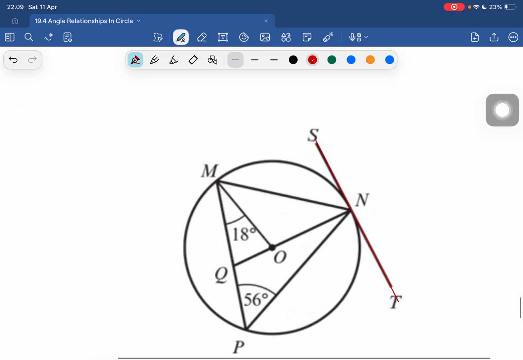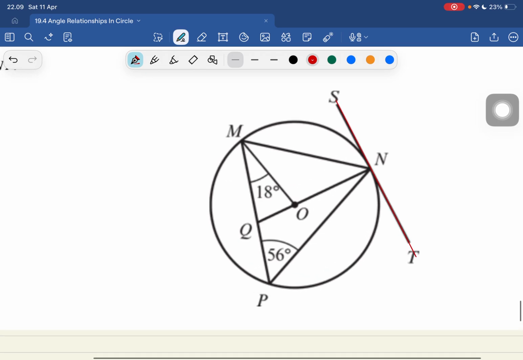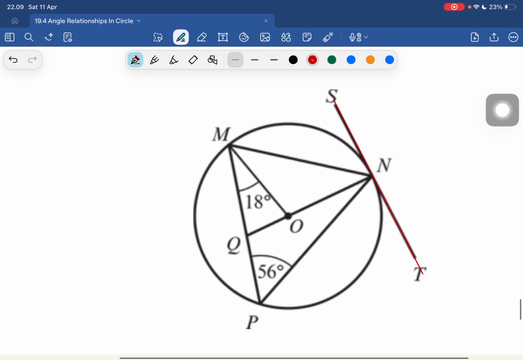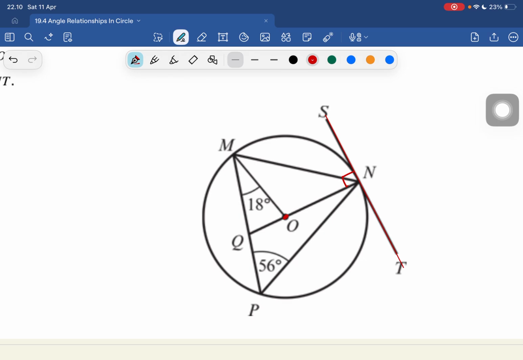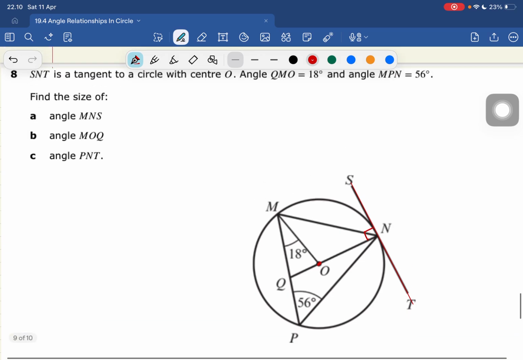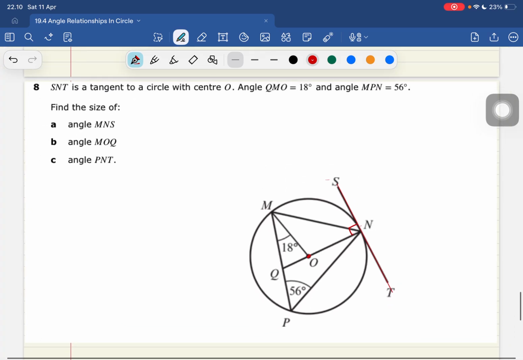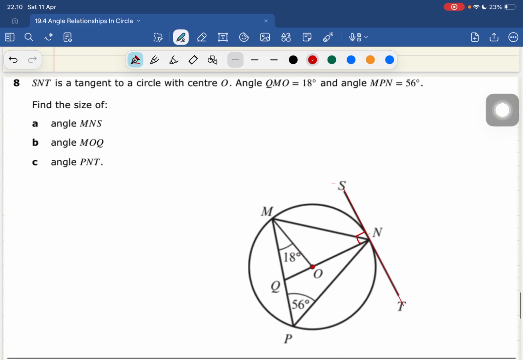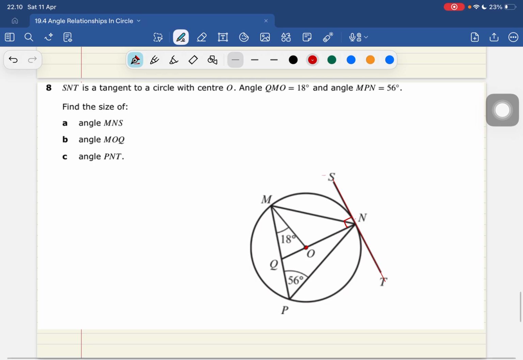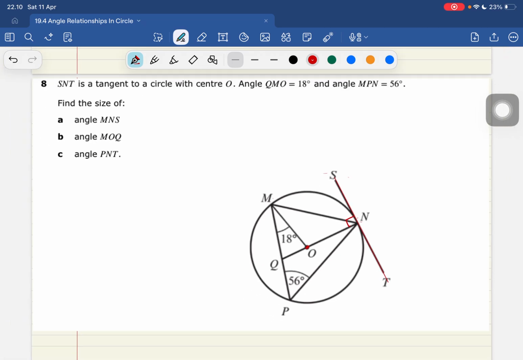Let's take a look at the information that we can get from here. Here's the chord. Here is the center. 56. Here we make it 90 degrees. So we will need to find the angle of M and S.